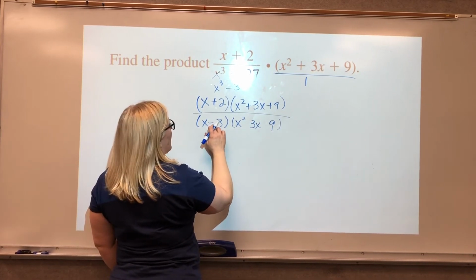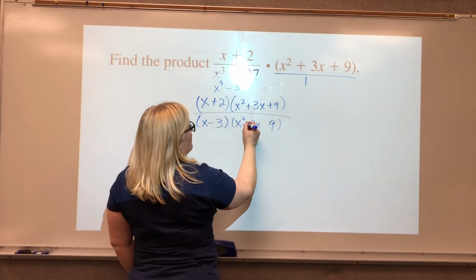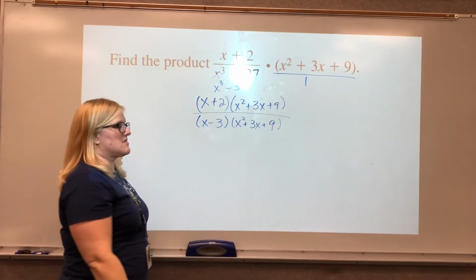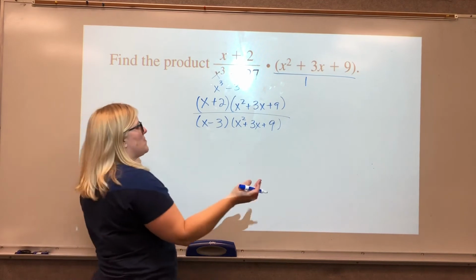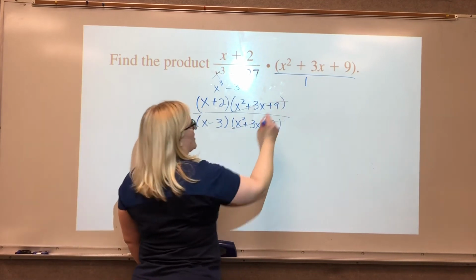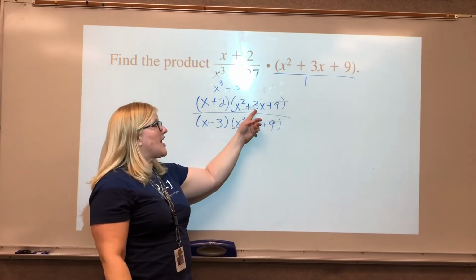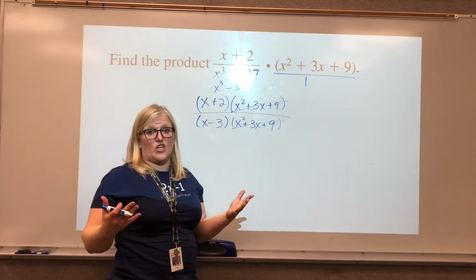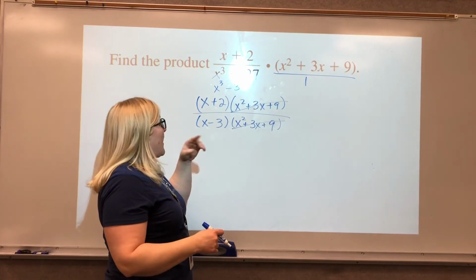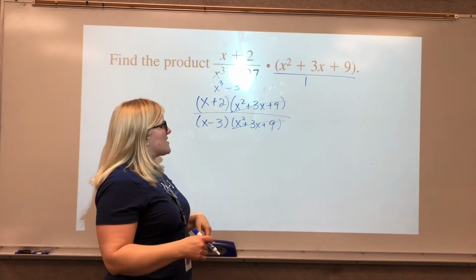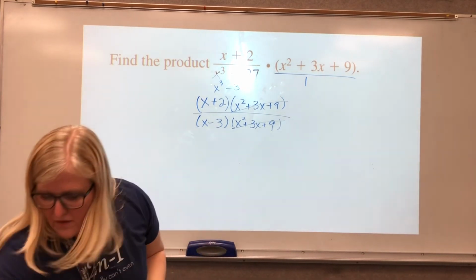Again, we're ignoring this negative right now. Then these both get pluses. Lo and behold, look at that. A lot of times, one of the factors is given to you. All right, x plus 2 over x minus 3 is the answer.